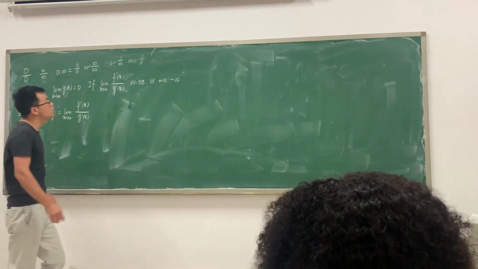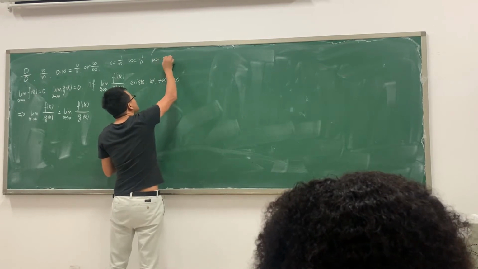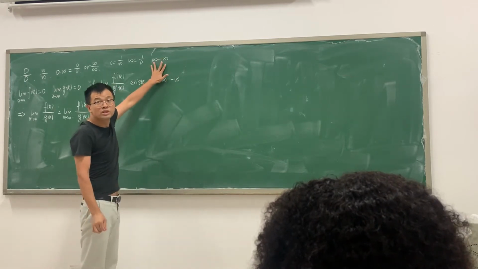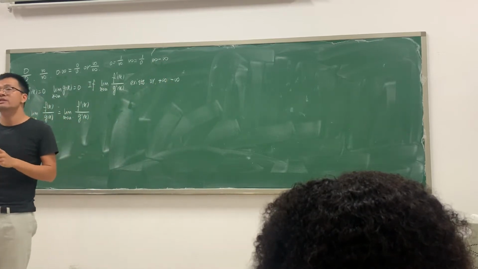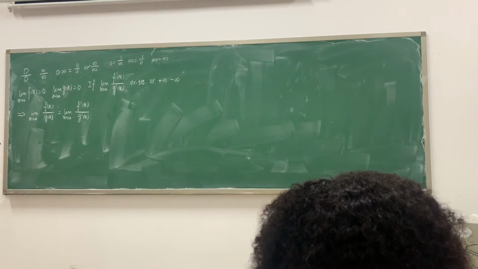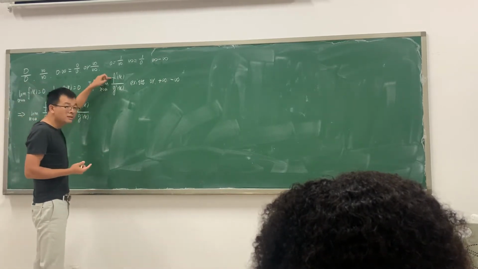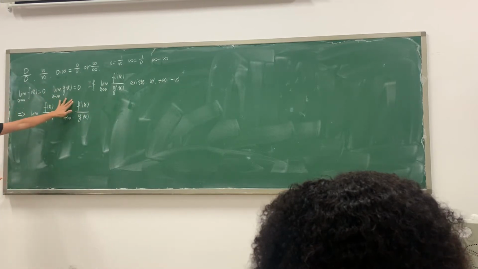And we introduce the infinity minus infinity form. For this form, first you must make them have the same denominator, and then you can see the numerator and the denominator are in this form, okay?